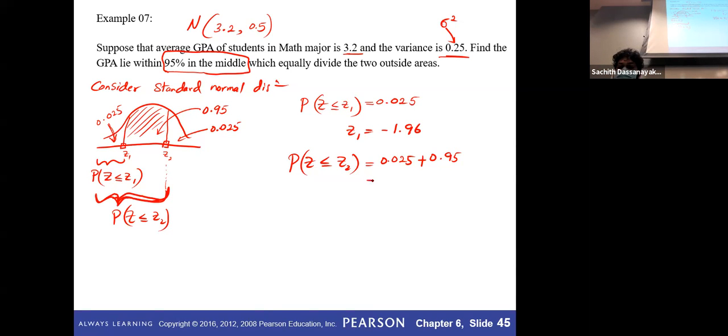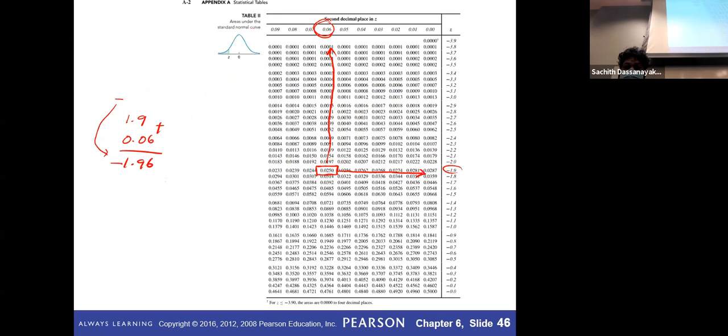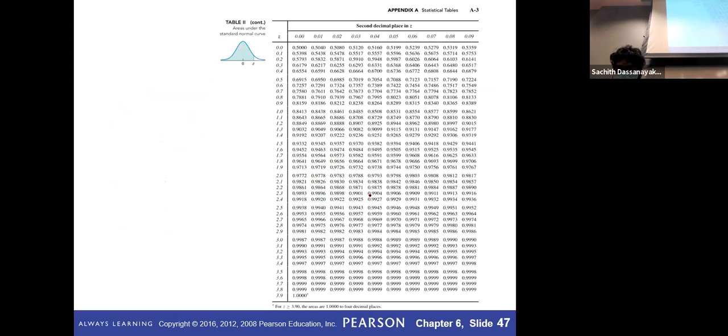So this is going to be 0.975. This is very close to 1, which means you have to go to table number 2. 0.975, I think I can find that particular value.